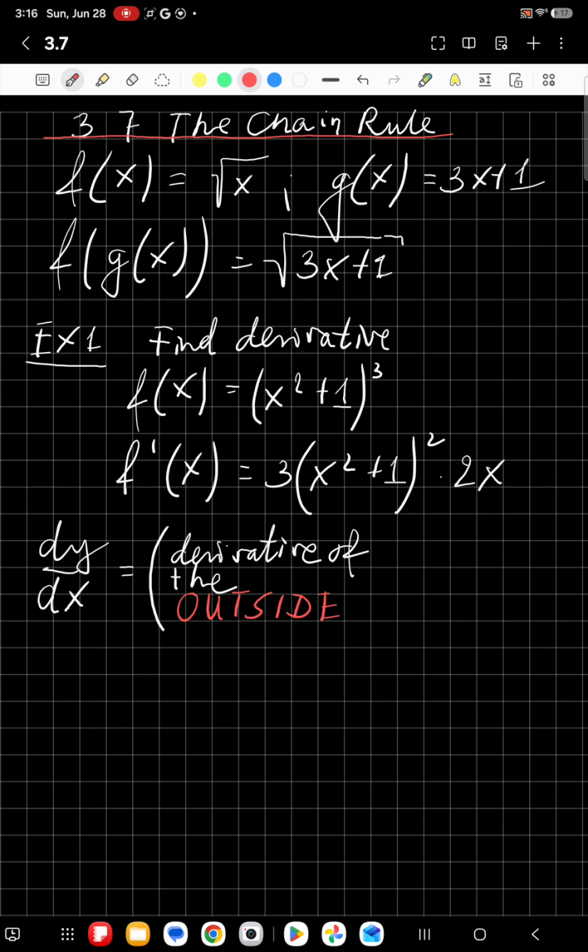If I look at that original function, this is the outside, that 3. You see that, this 3.